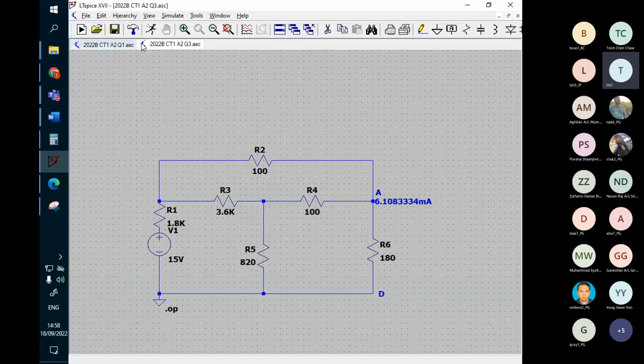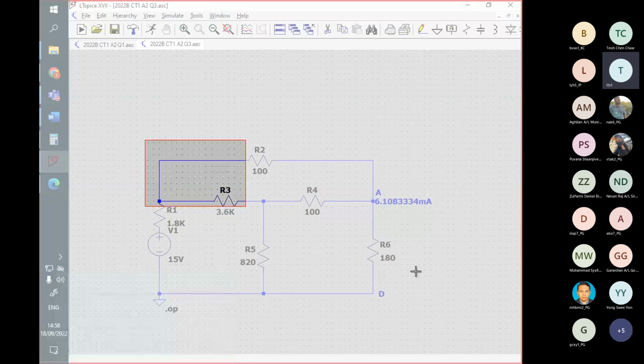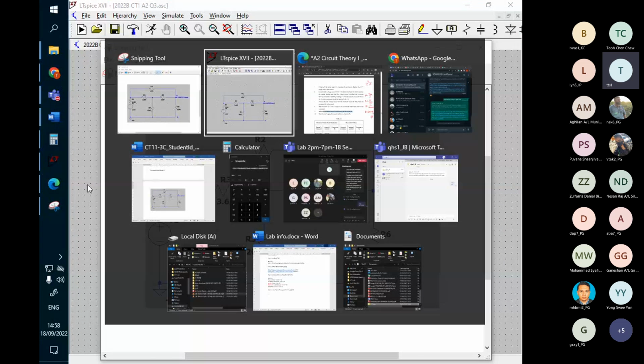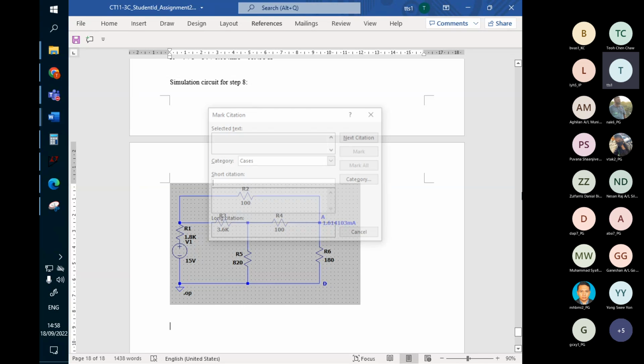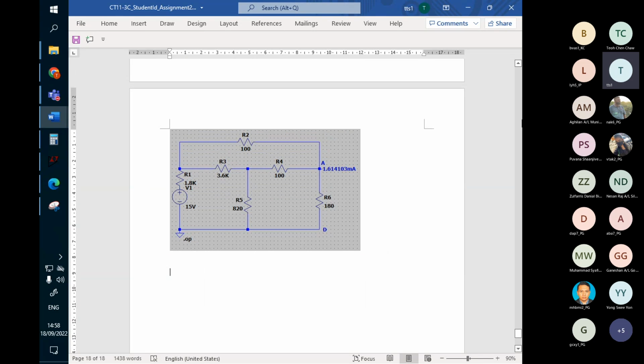Of course, we need to prove it in our report. Okay, do the same thing also under the result. Simulation result.